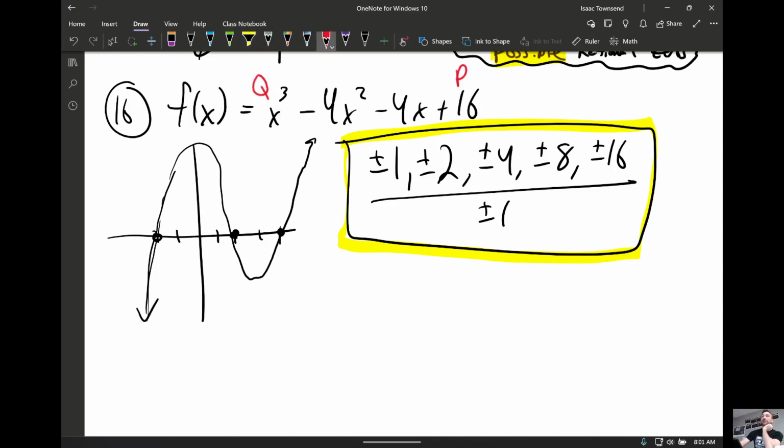But what they want you to see is that if a 0 is a rational number, it has to be in this list. So that's why they gave you the graph. 4 was a 0, 4 over 1 was in the list. 2 was a 0, 2 over 1 was in the list. Negative 2 over 1 also in the list. So the rational zeros were in that list.